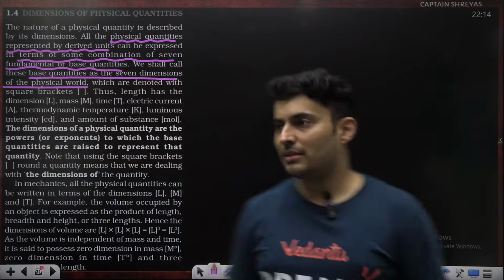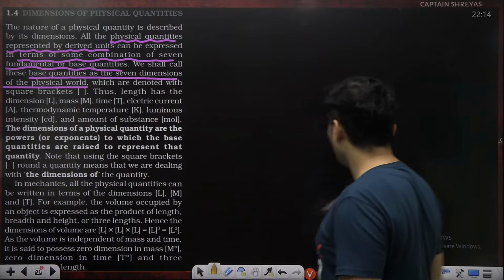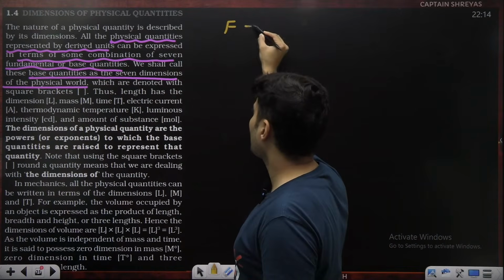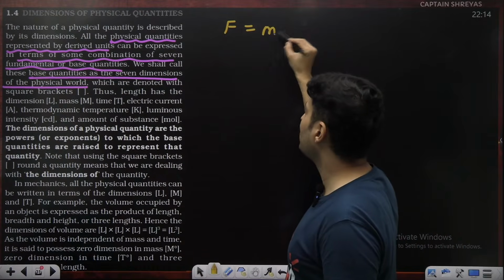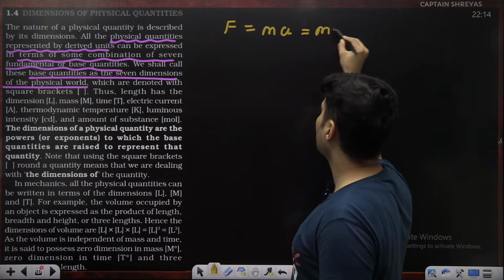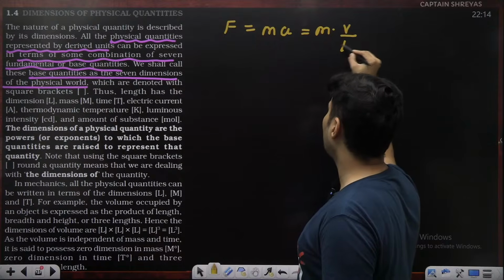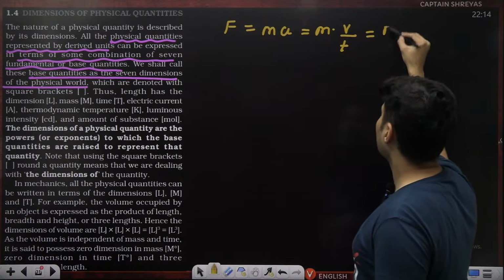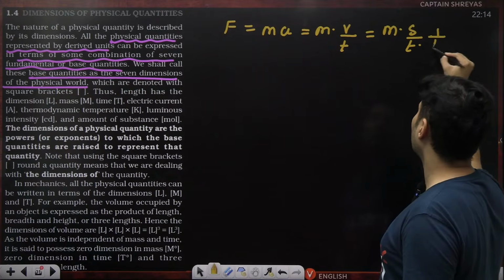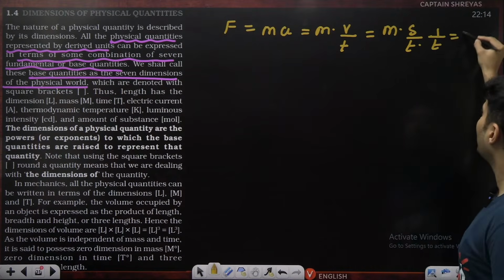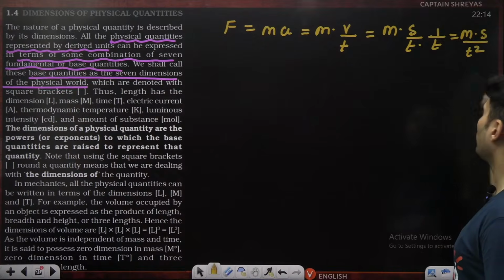So what it means is, for example, I take force. Can I write force in terms of fundamentals? I think so. Force is mass into acceleration. Acceleration is change in velocity by time. Velocity is nothing but displacement by time. So by time over here again. So this will be mass into displacement divided by square of the time.